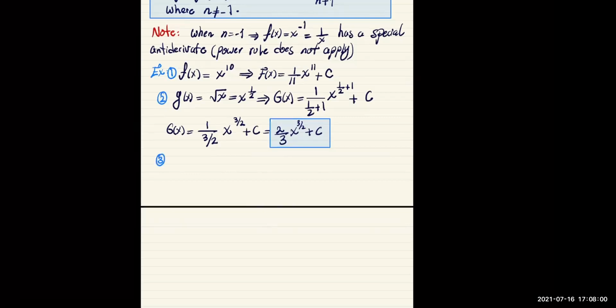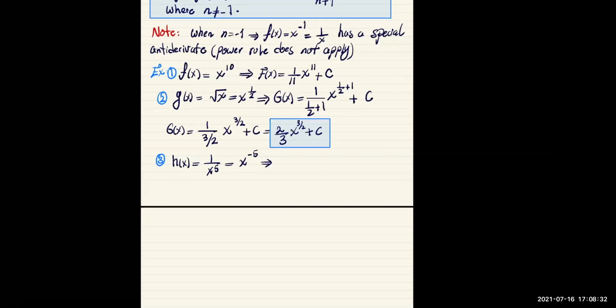Let's just do one more. Let's say little h of x is equal to 1 over x to the 5. Then capital H, well, okay, I can write that as, write your function as a power function. 1 over x to the 5 in power form is the same as x to the -5.